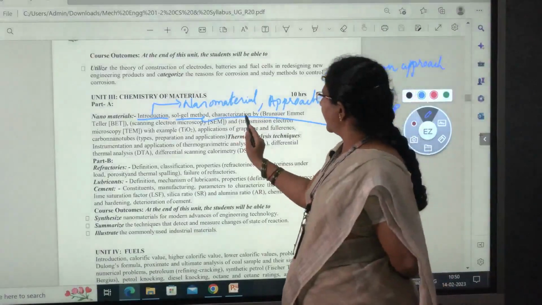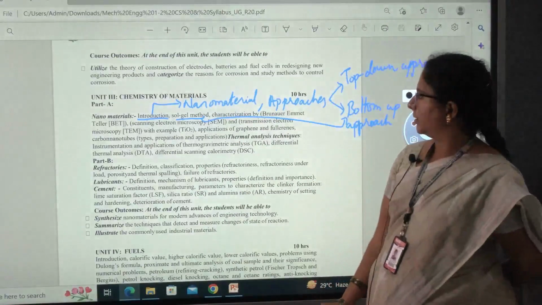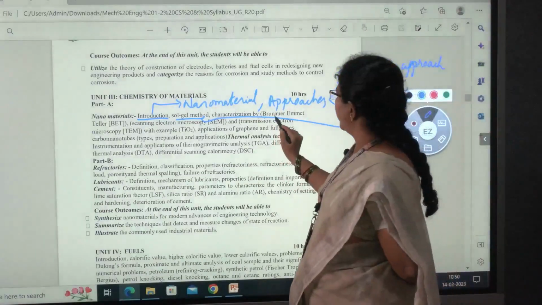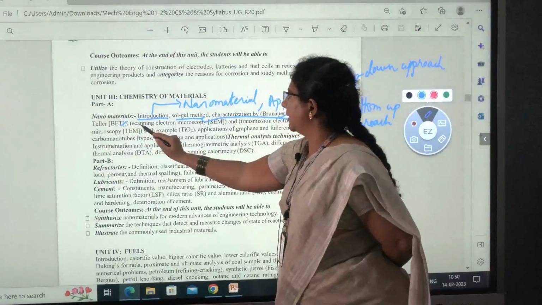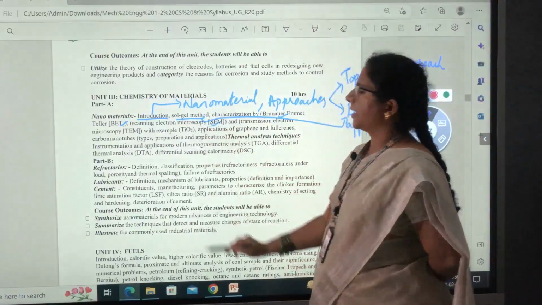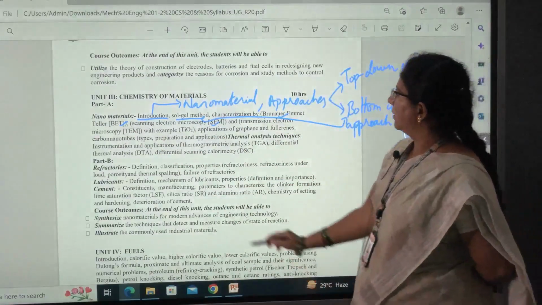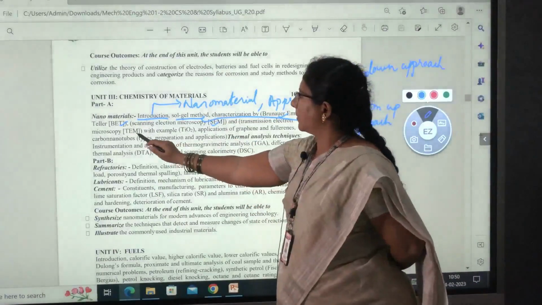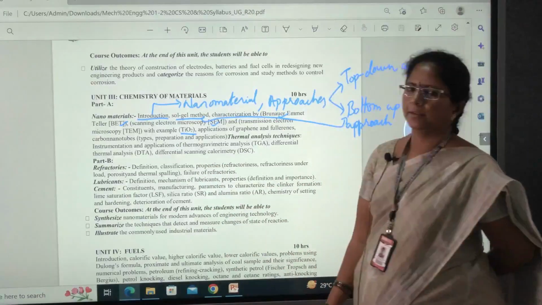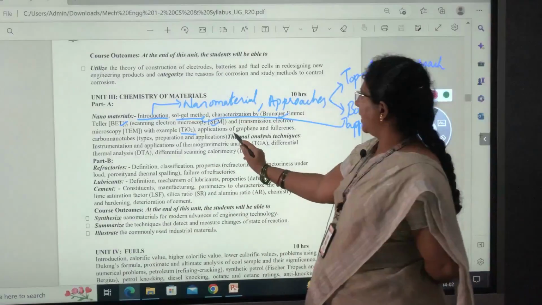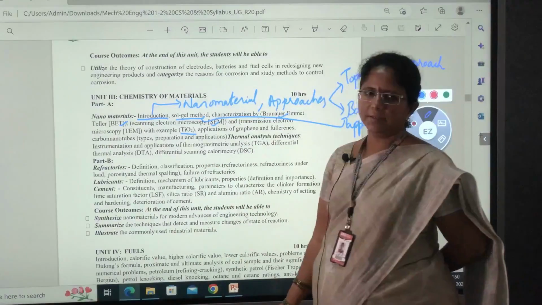And next one is characterization of nanomaterials. So the characterization methods we can use here are Brunauer, Emmett, Teller (BET) method, SEM, that means scanning electron microscopy, and transmission electron microscopy TEM, taking the example titanium oxide. Next we will discuss the applications of graphene and fullerenes.